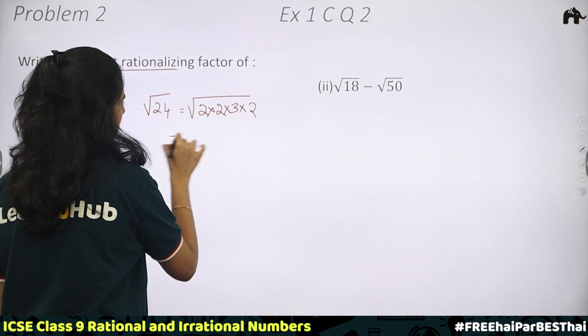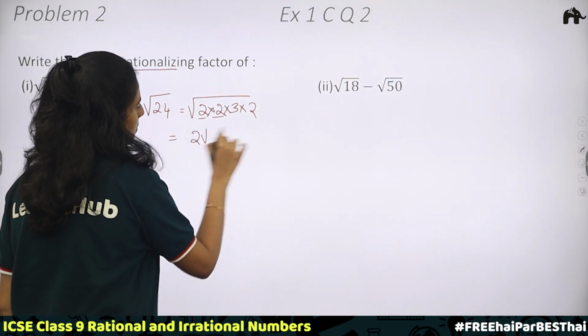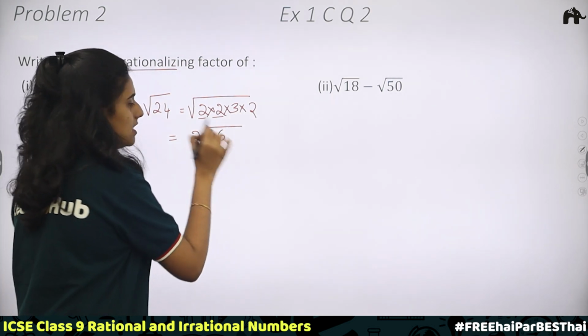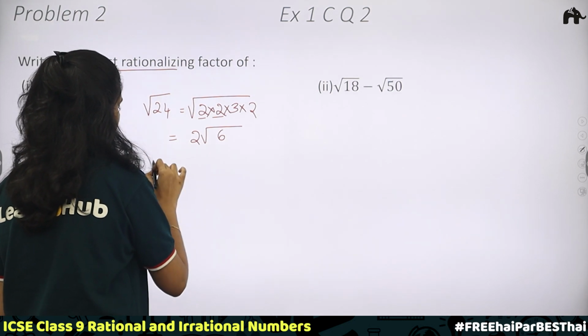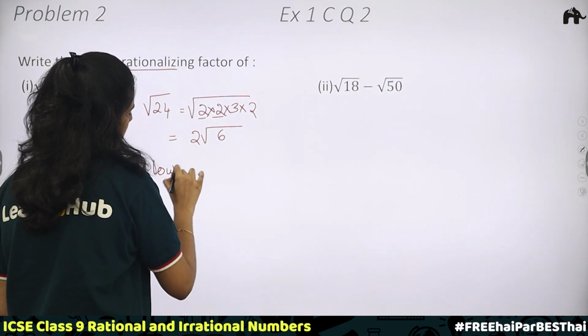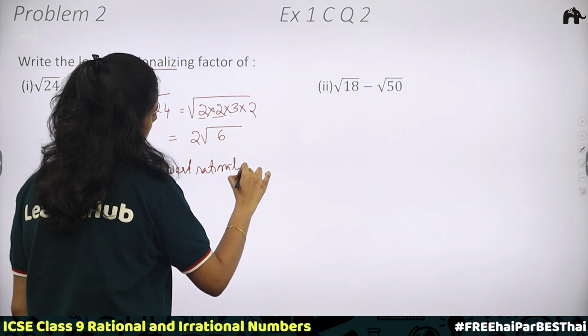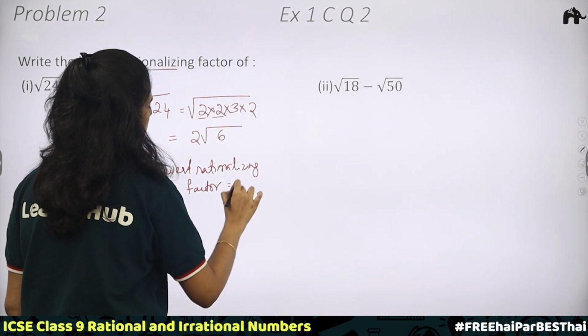So from these two 2's you can take a 2 outside. Remaining you will be having 3 into 2 which is 6. Root 6 is an irrational number. Therefore you will be having the least or the lowest rationalizing factor is equal to root 6.